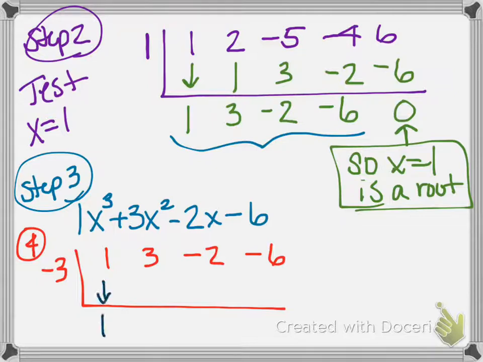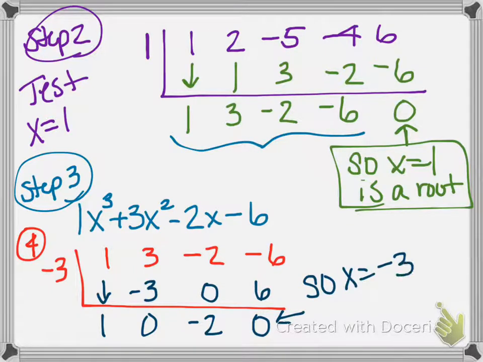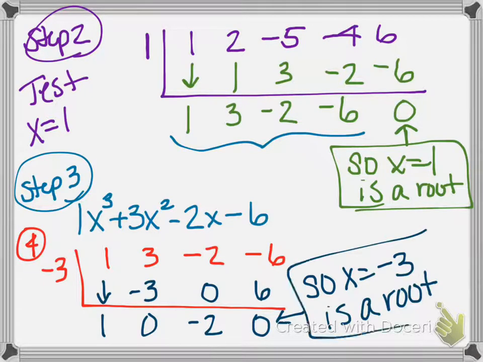So we bring 1 down, 1 times -3 is -3. 3 plus -3 gives me 0. -3 times 0 is 0. -2 plus 0 is -2. -3 times -2 is a +6, with a remainder of 0. So x equals -3 is also a root. So there's 2 rational roots that we found.